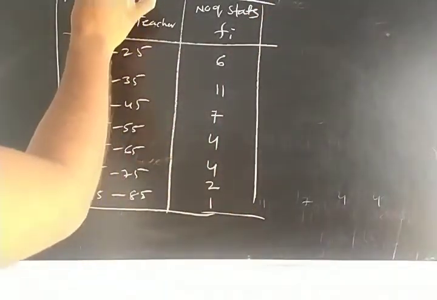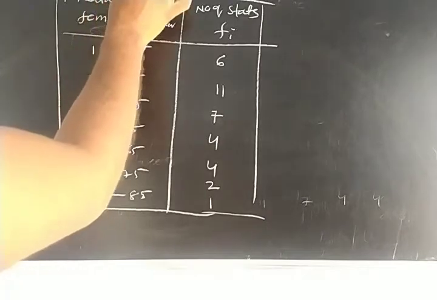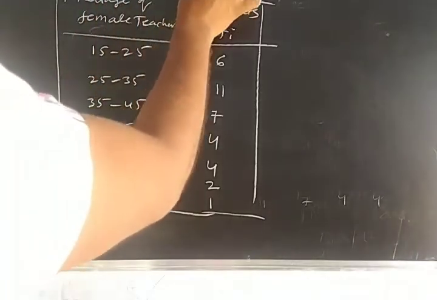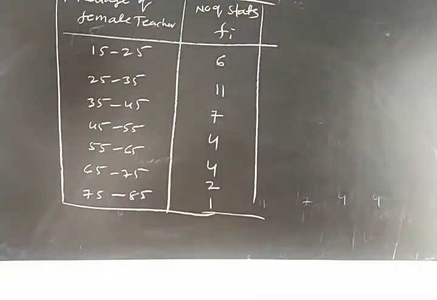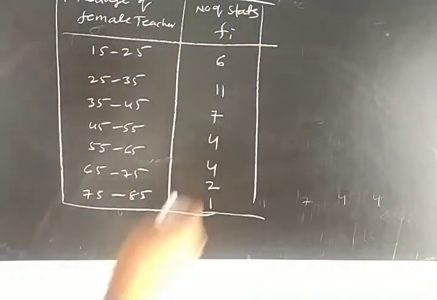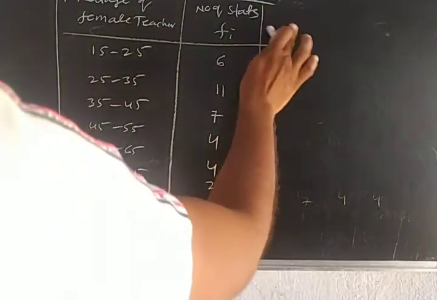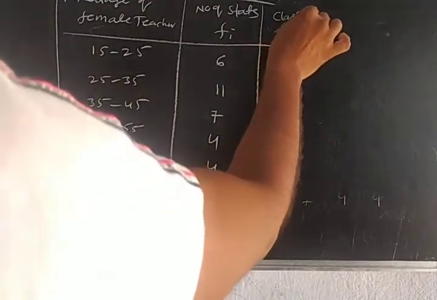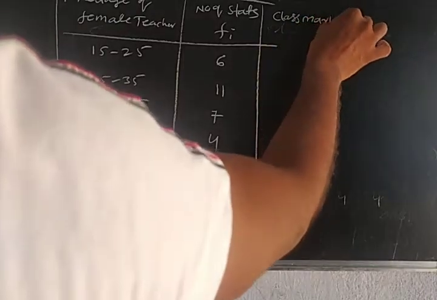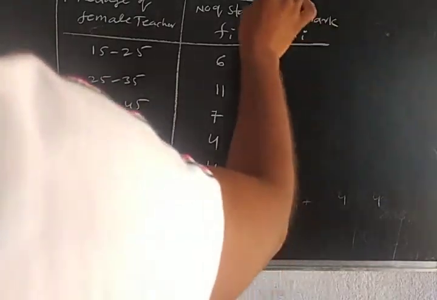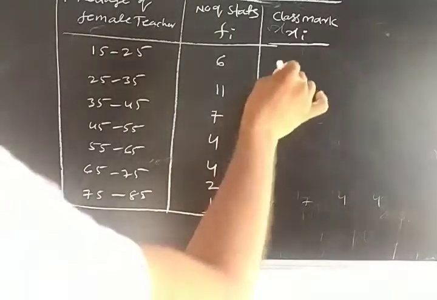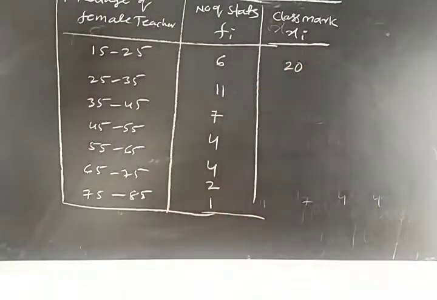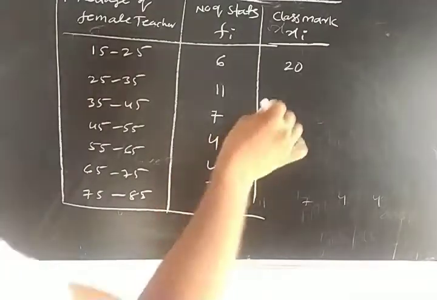First I am using the direct method. By the direct method I am going to find the mean of this given information. First find xi. xi means class mark. 15 plus 25 is 40, 40 by 2 is 20. 25 plus 35 is 60, 60 by 2 is 30.